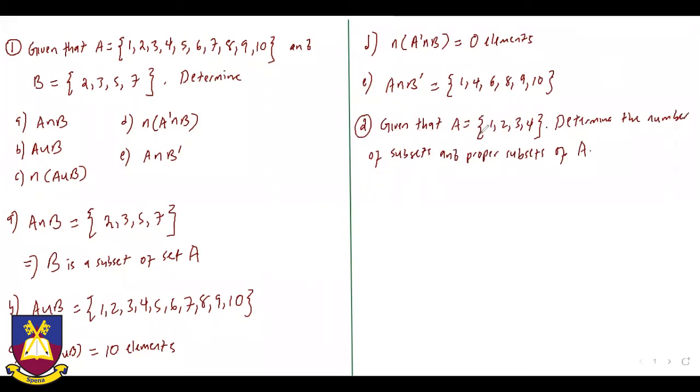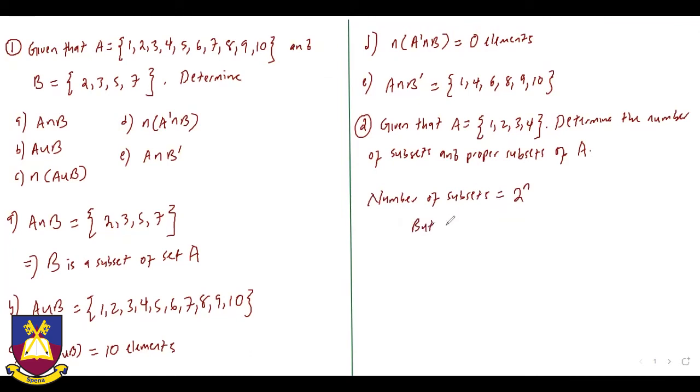Given that A is the set {1, 2, 3, 4}, they want us to determine the number of subsets and proper subsets of A. Now, to get the number of subsets, it is 2 to the power n, where n is the number of elements of the set.